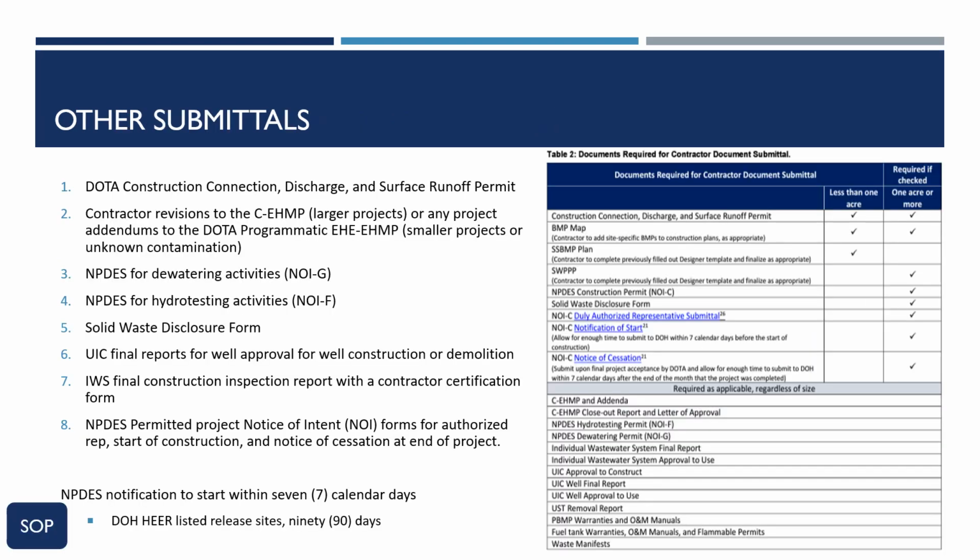Other common submittals. In addition to the BMP map and SWIP or SSBMP plan, other common submittals include the following. 1. DOTA construction connection, discharge, and surface runoff permit. 2.